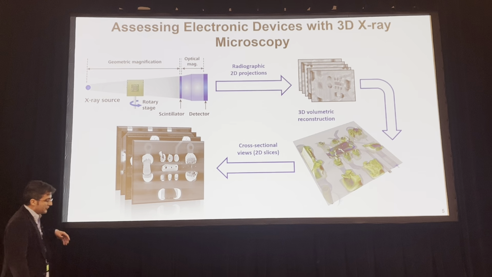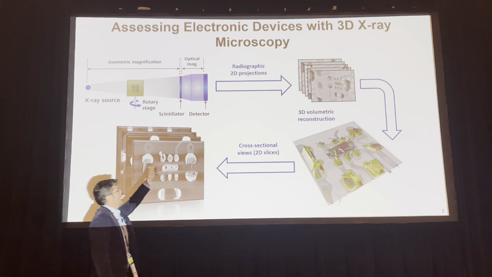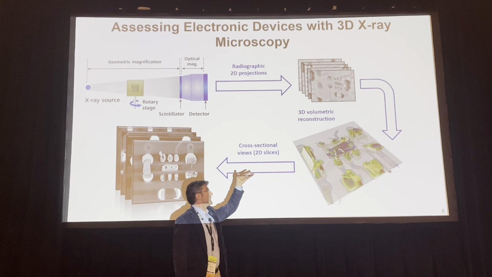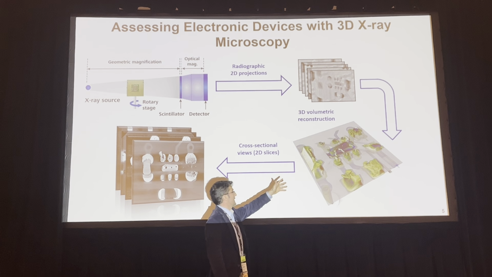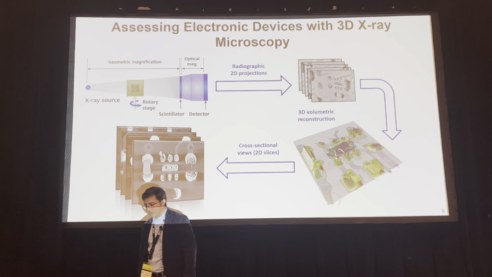A summary of the workflow is right here. We have the principal setup, which includes the optical magnification. You collect a series of 2D radiographs, typically over 1,000 to 2,000 projections, and then you create the 3D reconstruction.